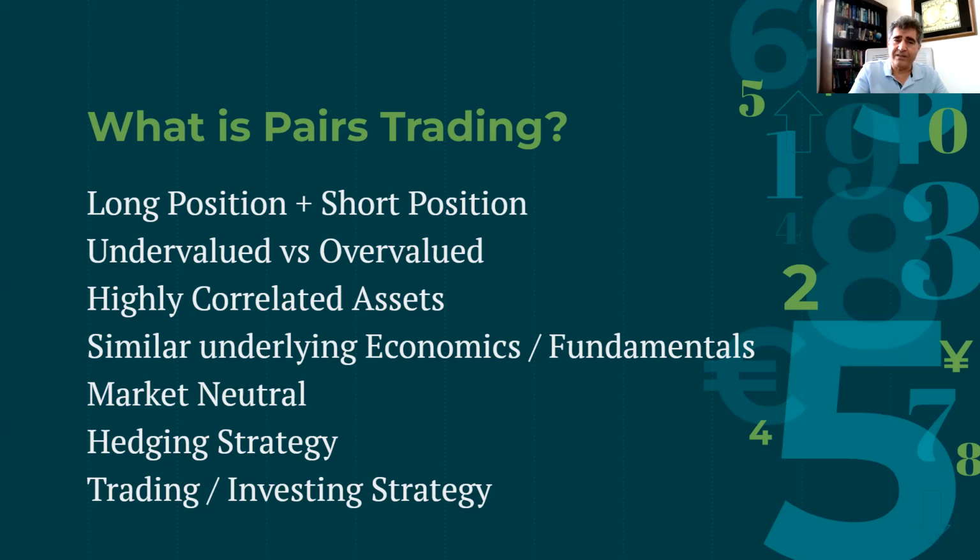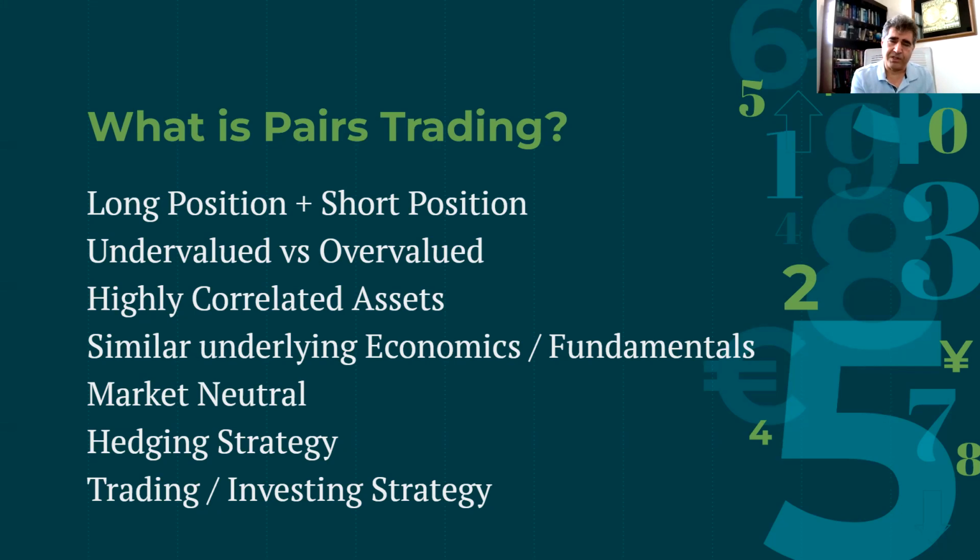One of the criteria, which is very important, is that you want to use underlying assets which are highly correlated to each other. That's a big criterion and an issue we want to pay attention to.